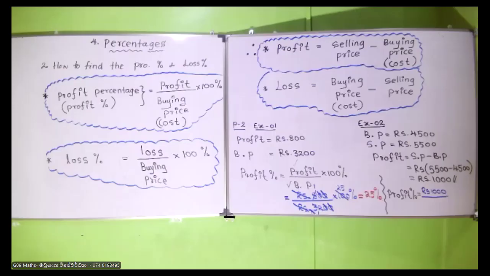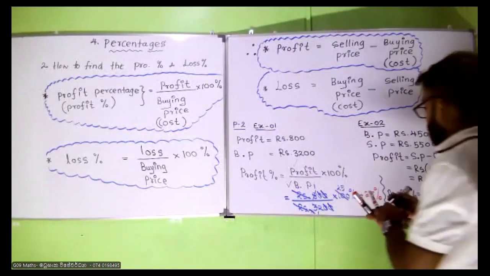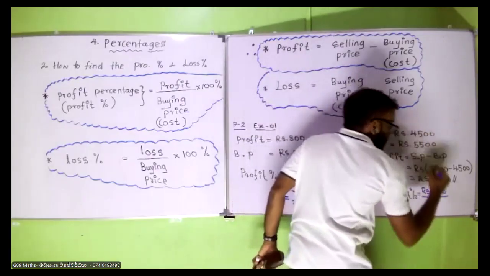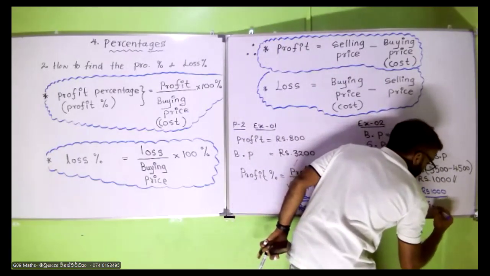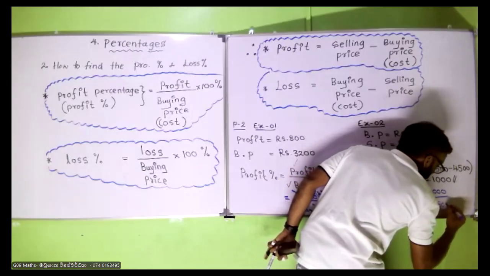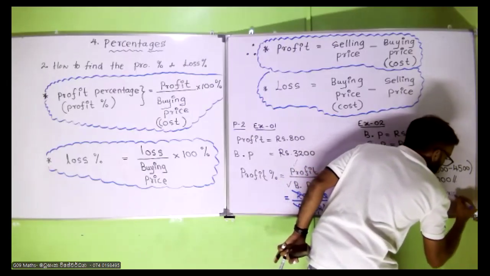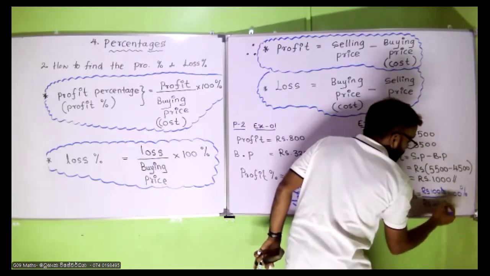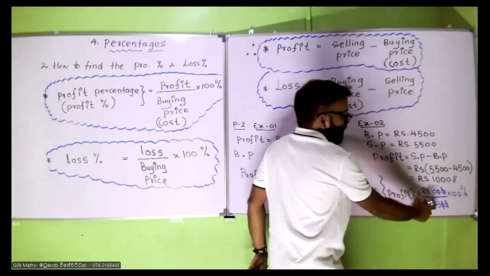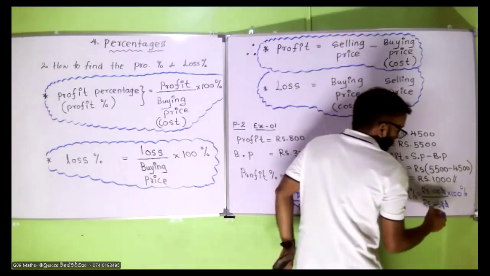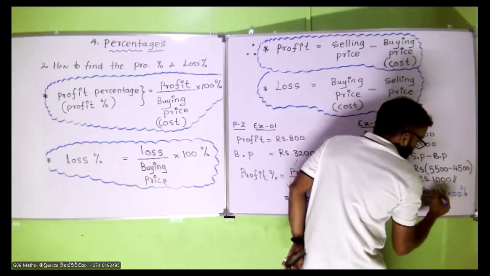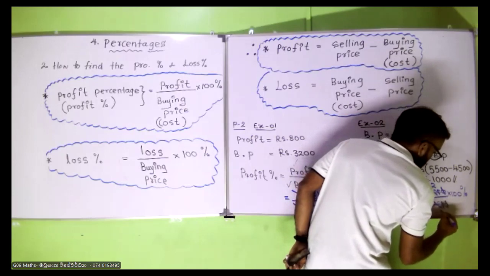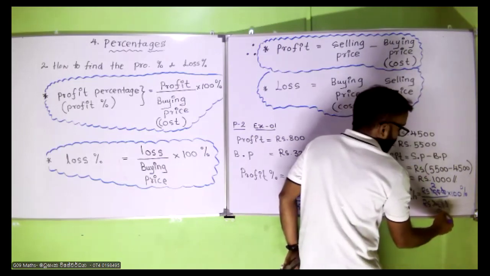Wait. I'll do this fast. So 1,000 is the profit, and the buying price is 4,500. Multiply by 100%. 0 to 0, 0 to 0. Here you have 10, here you have 45. You can simplify it by using 5 times 2 and 5 times 9.